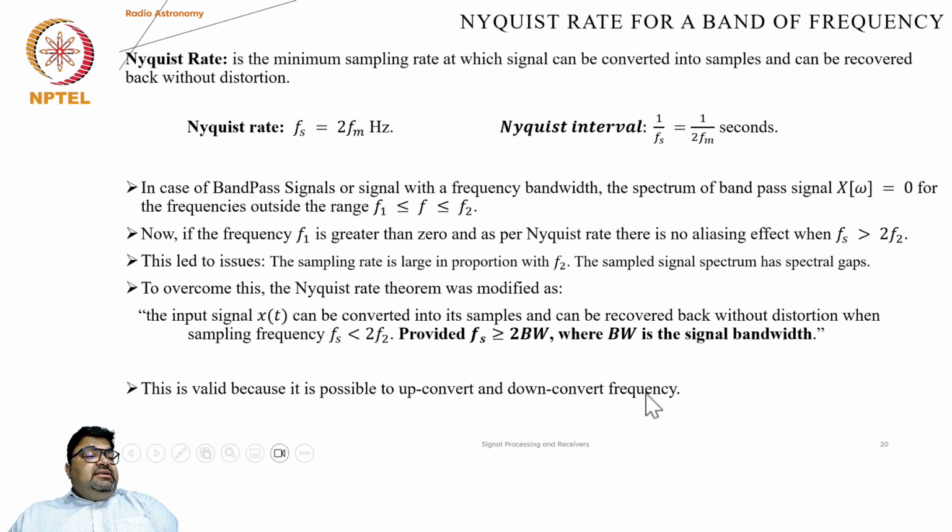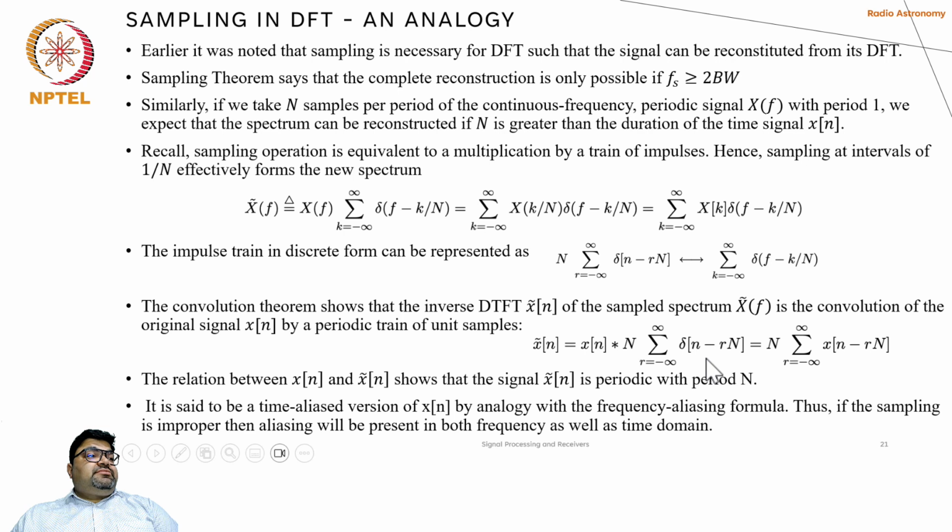This is valid, and it is possible to up-convert and down-convert frequencies. This is the change or modification in the original Nyquist rate theorem for a band-limited signal.